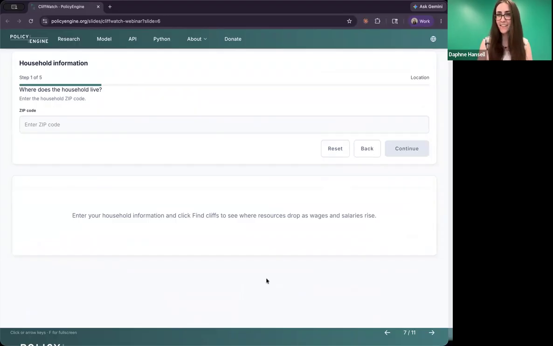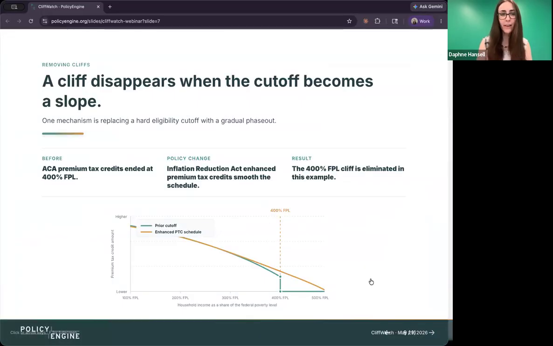Okay, great. And so one potential policy response to cliffs that people consider is sloping programs instead. An example recently in policy news about a cliff was the potential extension of the enhanced premium tax credit.